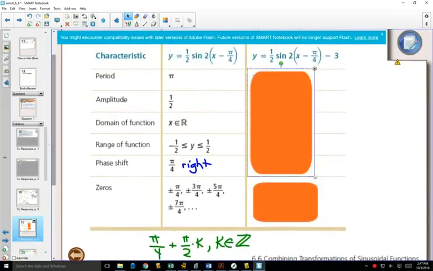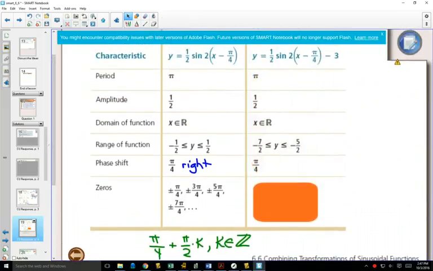And finally, the last one here. Now we're shifting things down 3. So we have pi over 4 to the right. We're also shifting things down 3. When you shift things down 3, it's going to change your center line.